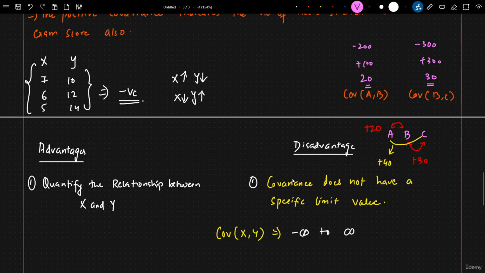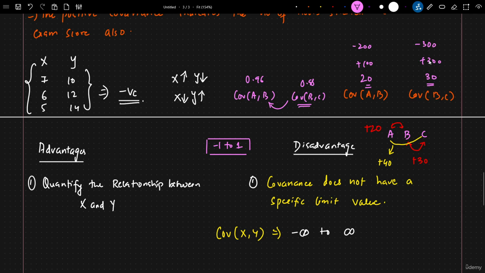At the end of the day, we should always try to restrict this covariance value to some limit. If I am able to limit it between minus 1 to plus 1, then it would be great. Why? Because let's say if my covariance of A comma B and covariance of B comma C are 0.98 and 0.96, here I can say, hey, this covariance is more than this.